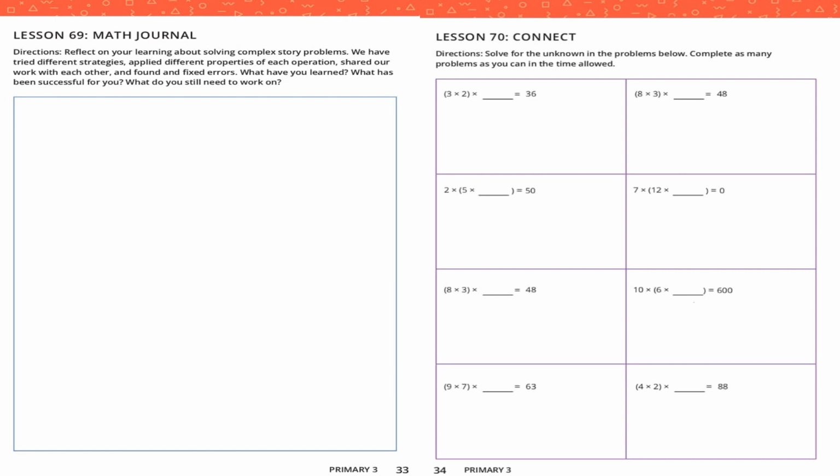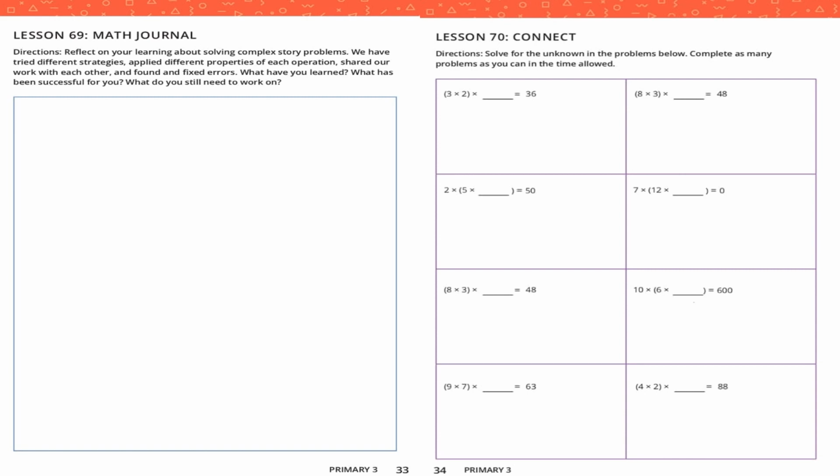Let's move to math journal. Reflect on your learning about solving complex story problems. The story problems which have more than one step, okay? Like what we did before. We have tried different strategies, applied different properties of each operation, shared our work with each other, and found and fixed errors.